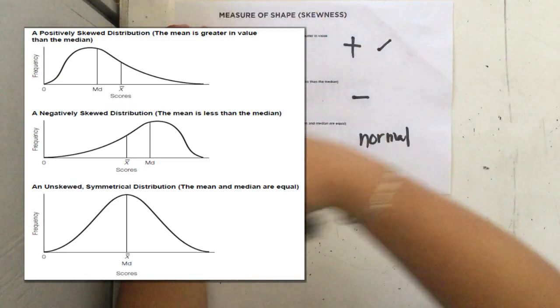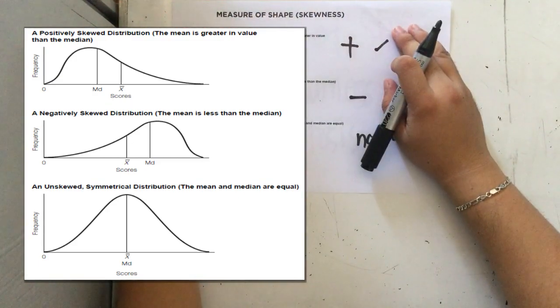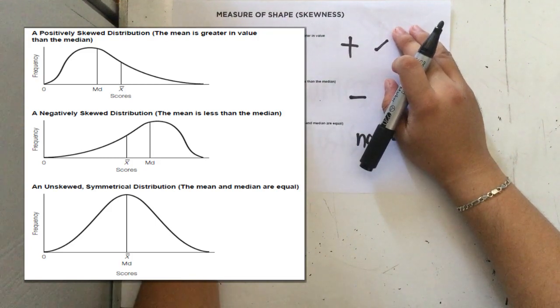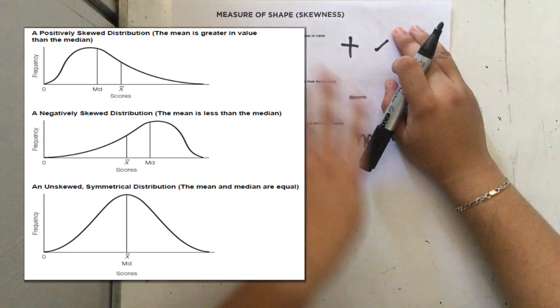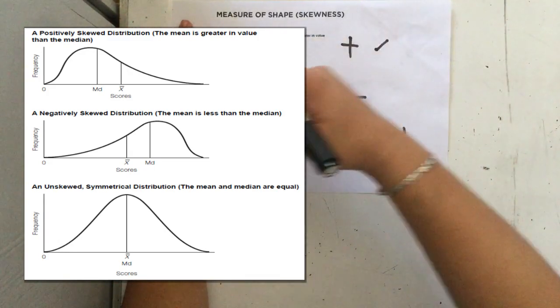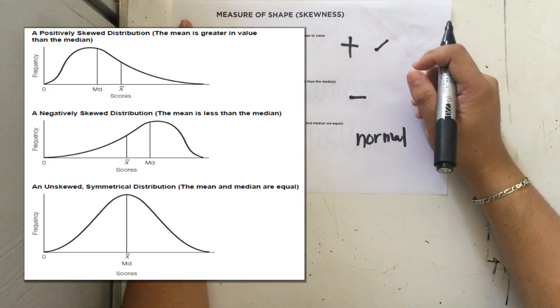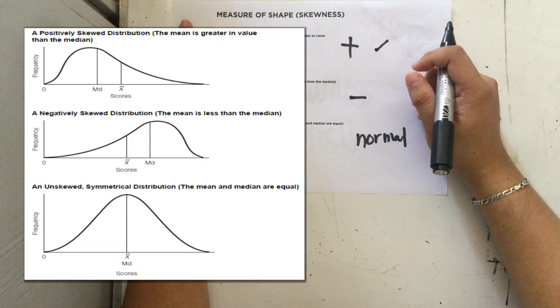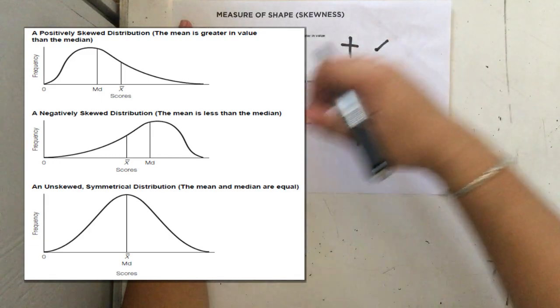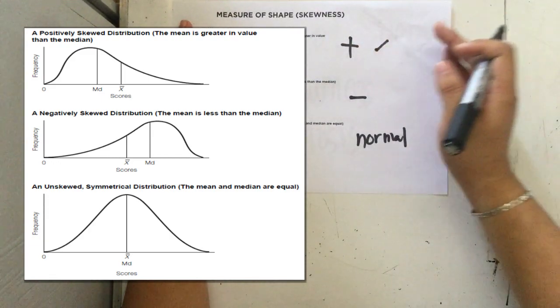So, papunta doon sa left yung distribution ng ating data. Sabihin, mas marami yung data dun sa ating left. Next, we have negatively skewed if the mean is less than the median. Kapag mas maliit yung mean natin kaysa ating median, yung distribution niya lahat nandito sa ating right.